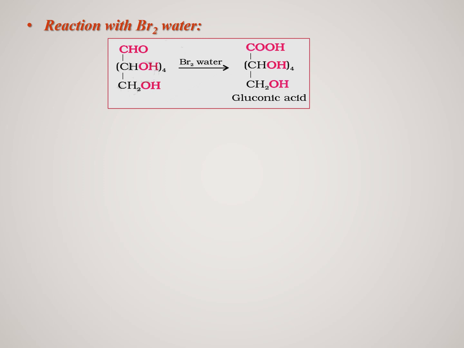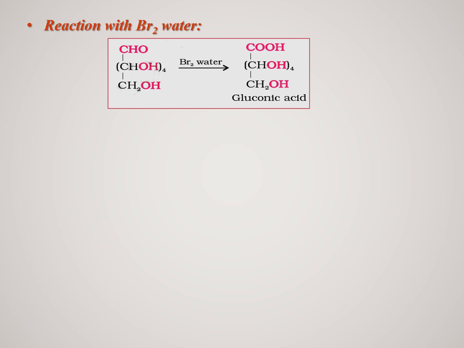And we just discussed, if an aldehyde undergoes oxidation, it should give us a product containing the same number of carbon atoms, and only an aldehyde will get oxidized to carboxylic acid. So glucose is getting oxidized to gluconic acid, confirming that the carbonyl group is aldehyde.